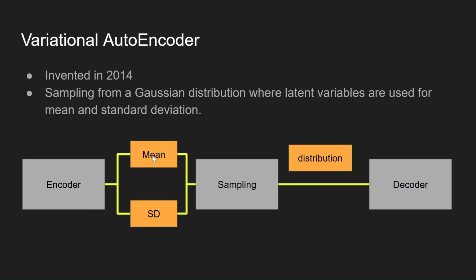So the mean is going to be 64 dimensions and the standard deviation is going to be 64 dimensions. With the help of this mean, standard deviation and normal distribution, we are going to sample, and then we will feed that sample to the decoder for generation. This is the general diagram of how variational autoencoder works.